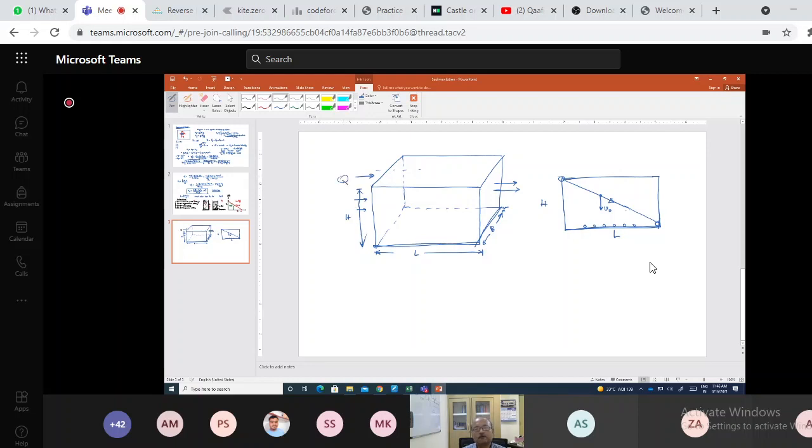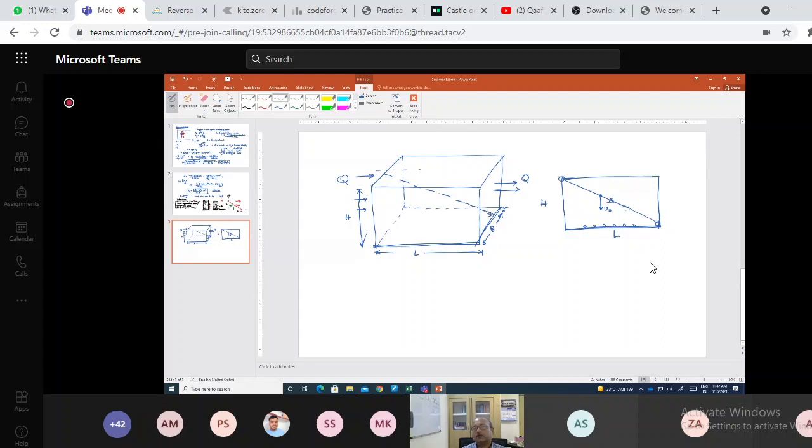This is your flow going in, and this is your flow going out, and during this time the particle will settle down at the bottom of the tank. This is what we try to do in our settling basins.